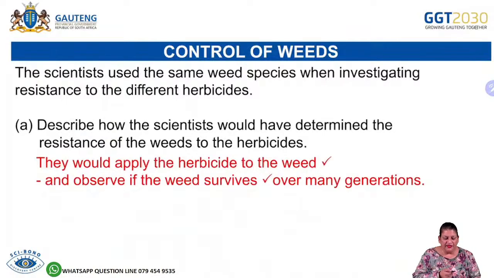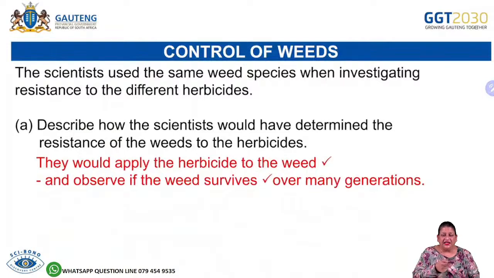So how would the scientists have determined the resistance of the weeds to the herbicide? They would apply the herbicide to the weeds and see if the weed survives. If it survives, it means that it is resistant, okay?